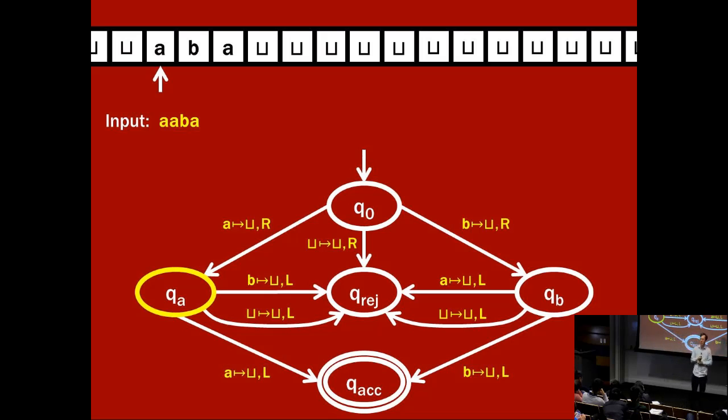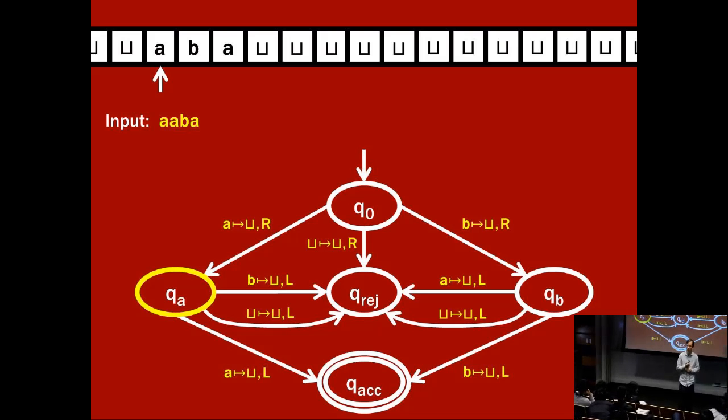What's the next thing that will happen? What state will we go to next? Yeah, so right now, we're looking at symbol A, so we're going to follow the A arrow, which is this one. And that tells us to write a blank into this square, move the tape head left, back here, and go to this state, Q accept.